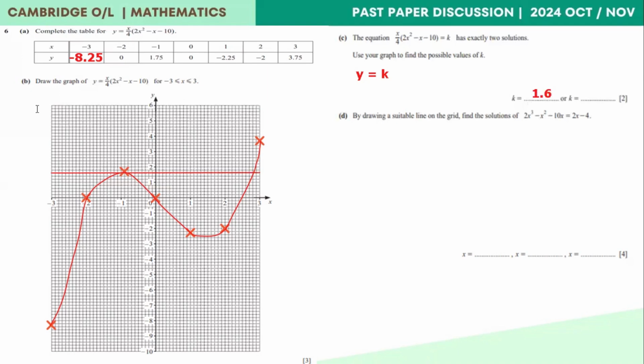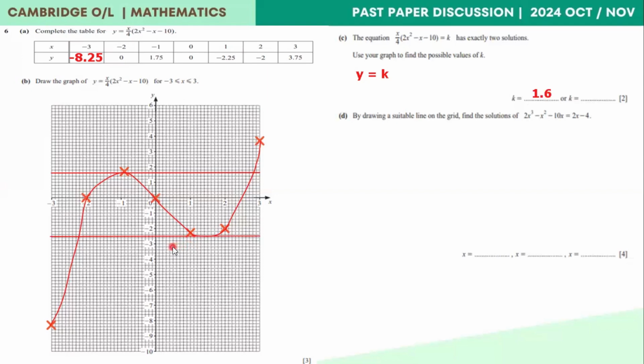So another solution now you could have figured out. So that is going to be here. That's like this. Here you can again see that there are two x solutions for this y line.